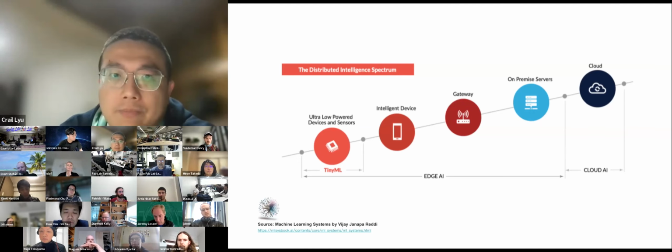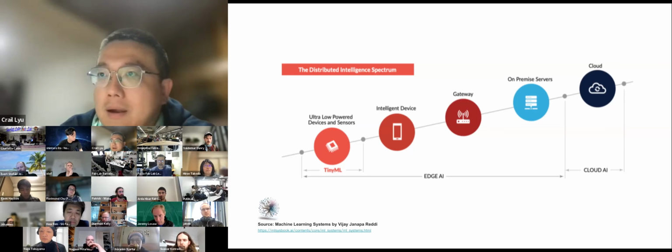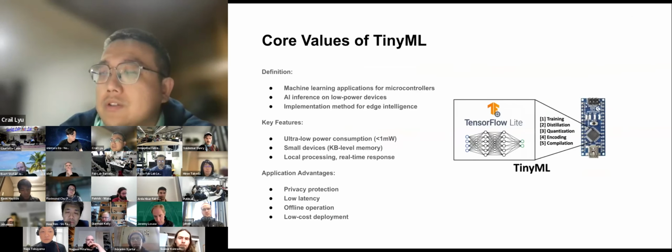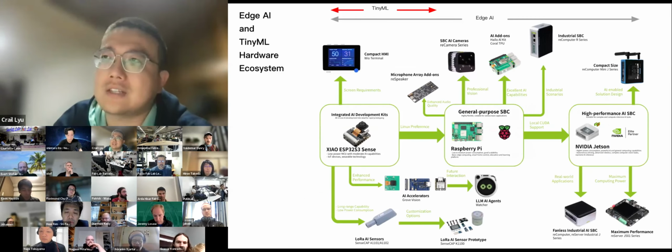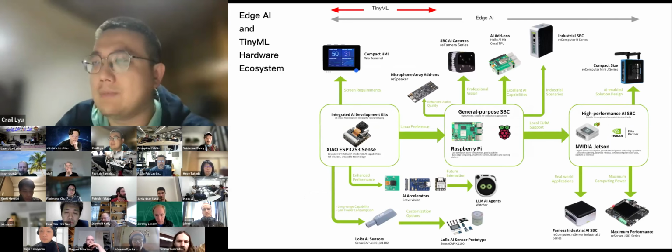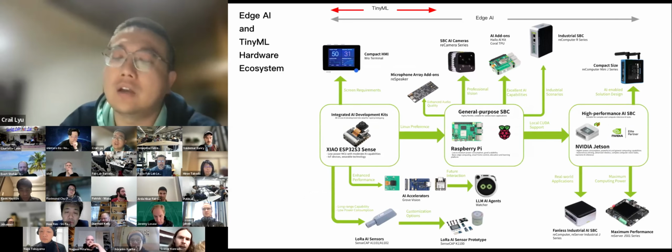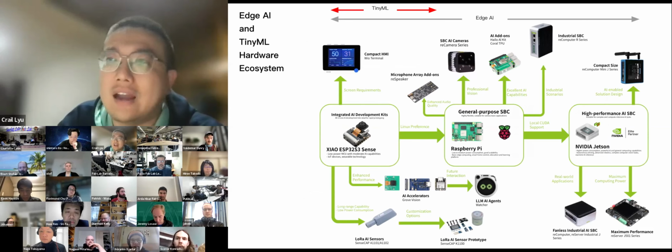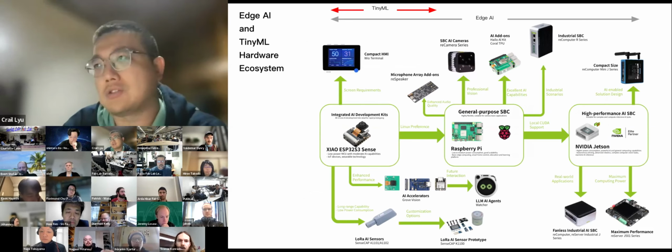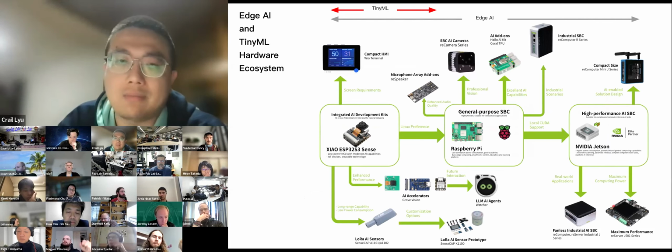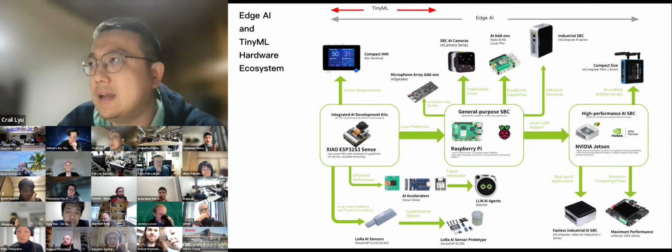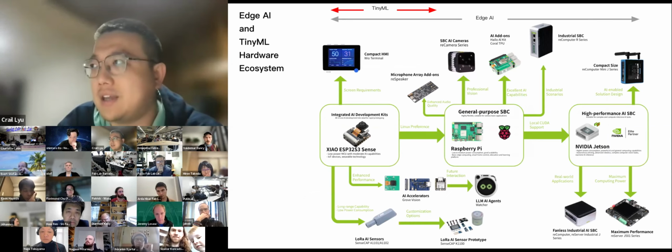Going to the next part, this is how the hardware looks. If we dive into all edge AI products, they start from microcontrollers, MCU boards, and you can go to single-board computers with high-powered CPUs or AI performance chips such as FPGAs.